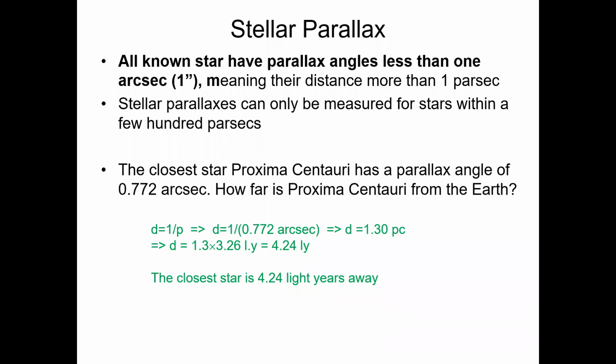I'm sure most of you knew from reference books, etc., that Proxima Centauri is 4.24 light years away. And this is how you calculate it using parallax. So I think this is like a gap-filling kind of thing, right? You knew something, but you really didn't know how it came about in the first place. Now you are filling those knowledge gaps.